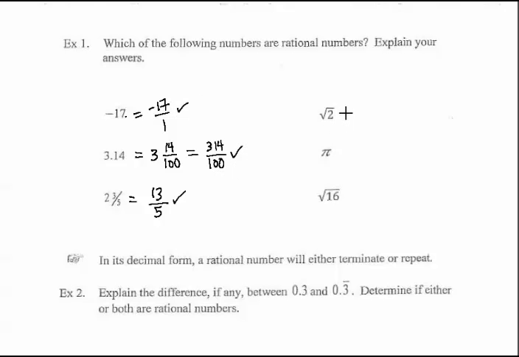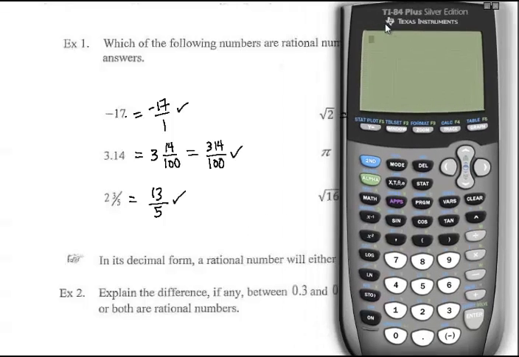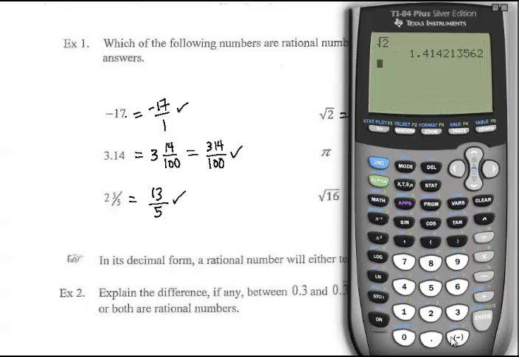Now with the square root of 2, we're going to bring up our calculator over to the side, and calculate the square root of 2, and just take a look at what the calculator gives us. Enter. Now the square root of 2 looks like it terminates.